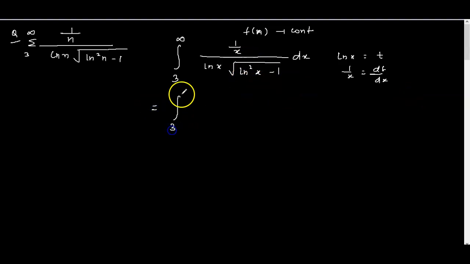3 to infinity. Okay, let's consider. So here I will write 1 by x as it is only, ln x is t. This is the square root of t square minus 1. And this dx I can write as x into dt, right?